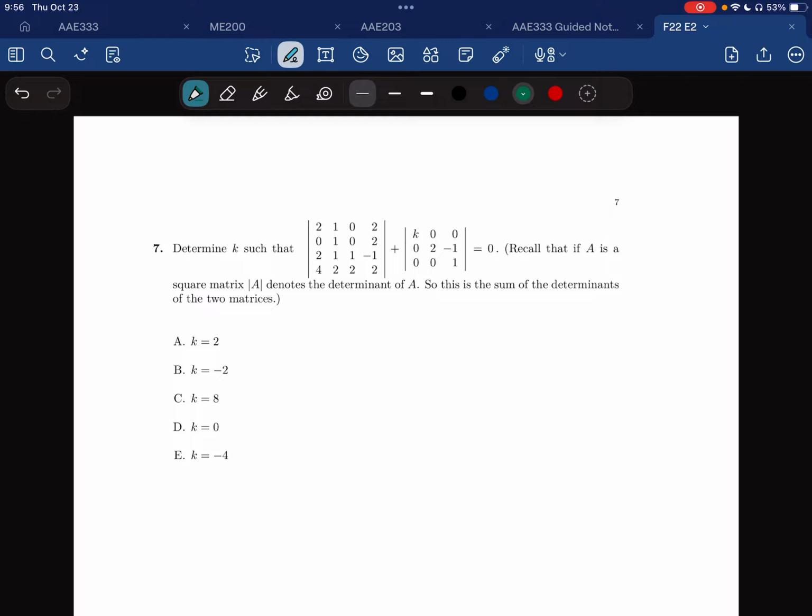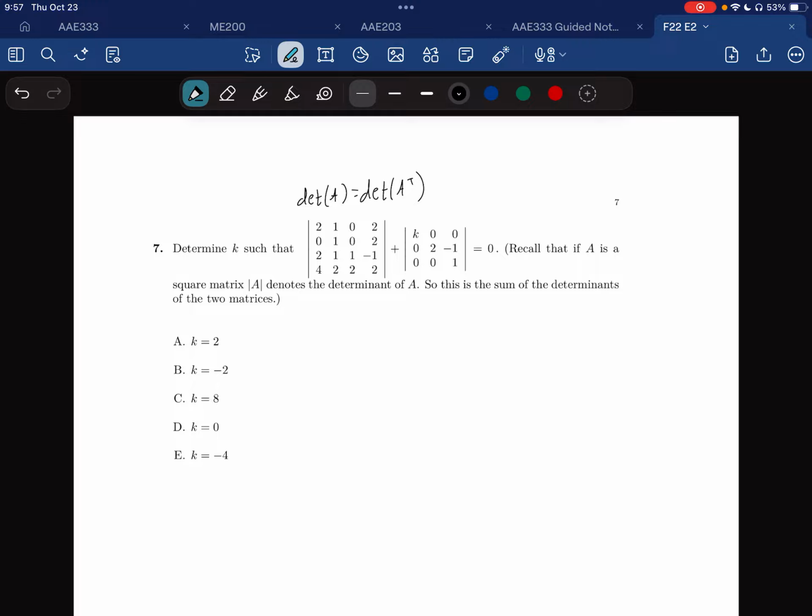The nice thing about this, however, is there are lots of zeros here, so we don't actually have to take that many determinants. Let's just get going. One important thing I want everyone to remember is, let's say we have some matrix A, the determinant of A is equal to the determinant of A transposed.